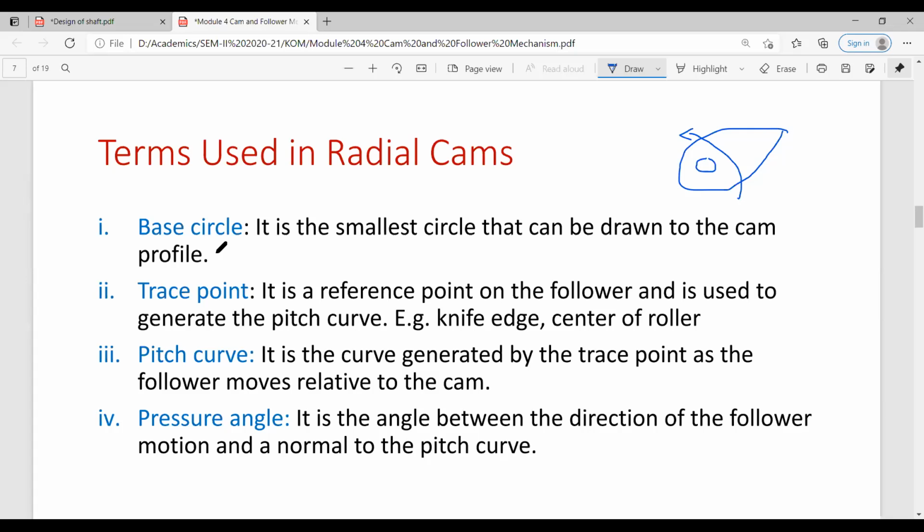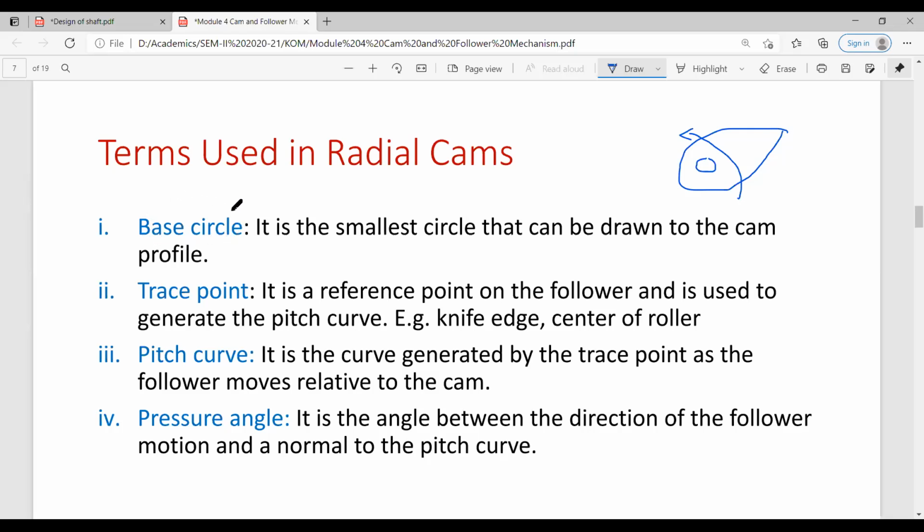All the lab part we are going to finish in this week only, because we will be covering the whole syllabus of cam and follower with the drawing sheet. I may take 3 hours on Saturday, and let us finish it so that next week we will start the next module, because so far we have covered only 2 modules if you go by the syllabus. Okay, so let us see what these are.